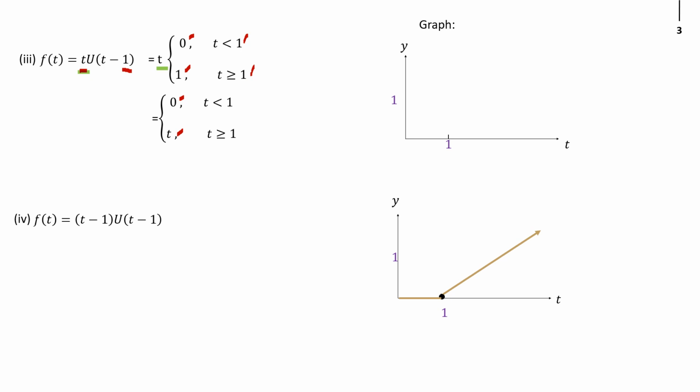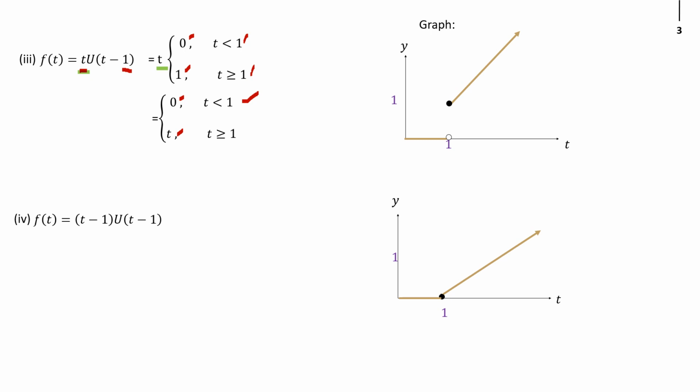Meaning that when t is 1, y is 1; t is 2, y is 2; t is 3, y is 3. This is the graph. And when t is less than 1, y is 0.